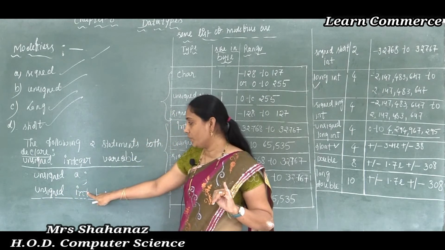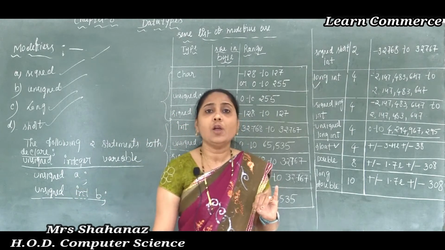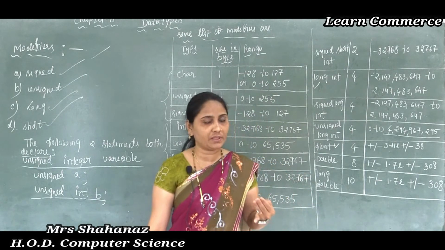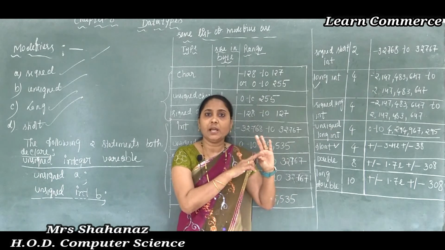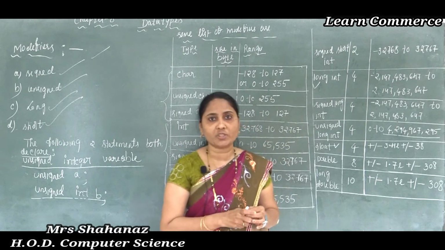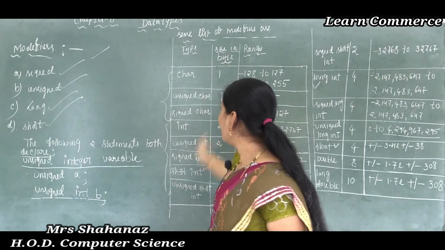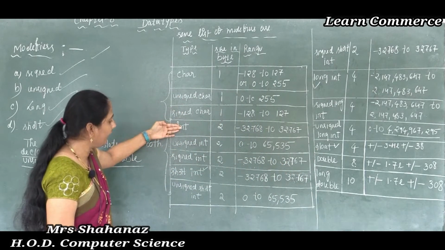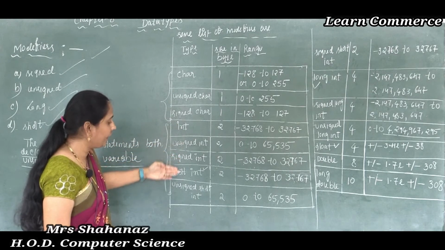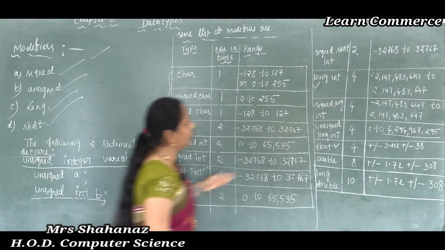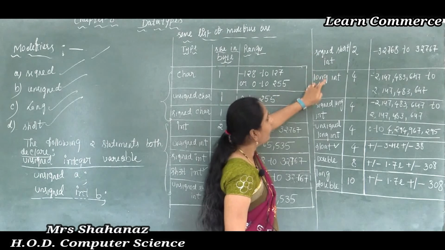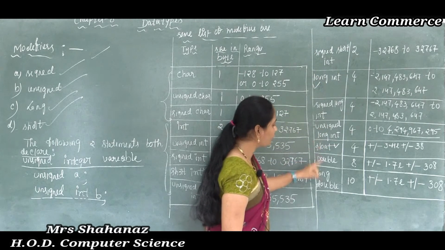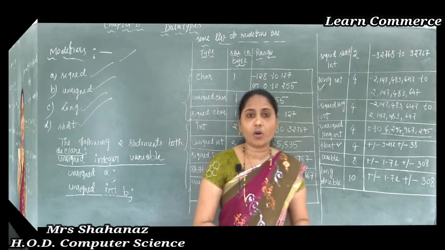Like that we can use them. Such modifiers can be used with the data types char, int and double. The list is: char, unsigned char, signed char, int, unsigned int, signed int, short int, unsigned short int, signed short int, long int, signed long int, unsigned long int, float, double, and lastly the long double.